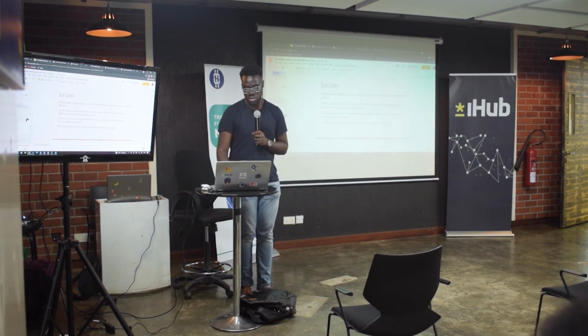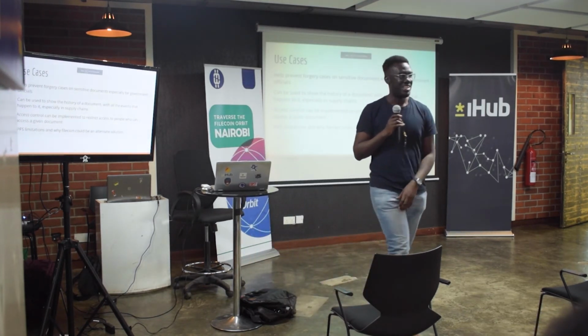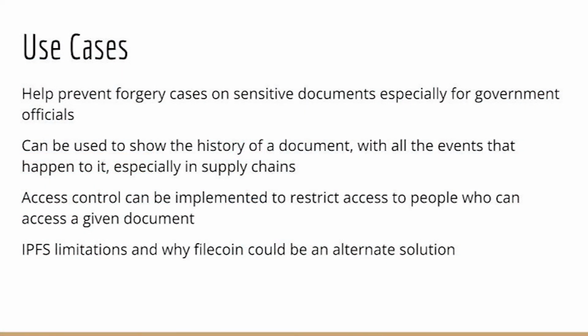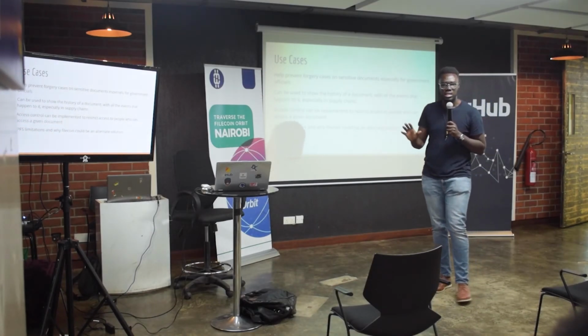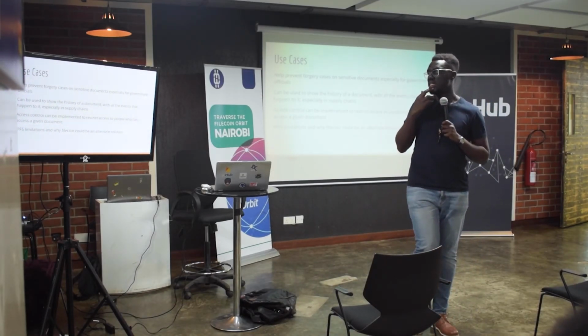I'll speak about use cases, and then I think after that I'm done. So for the use cases, we especially want to prevent forgery cases, especially in sensitive government documents, like a certificate of export or certificate of origin. And the same logic applies.